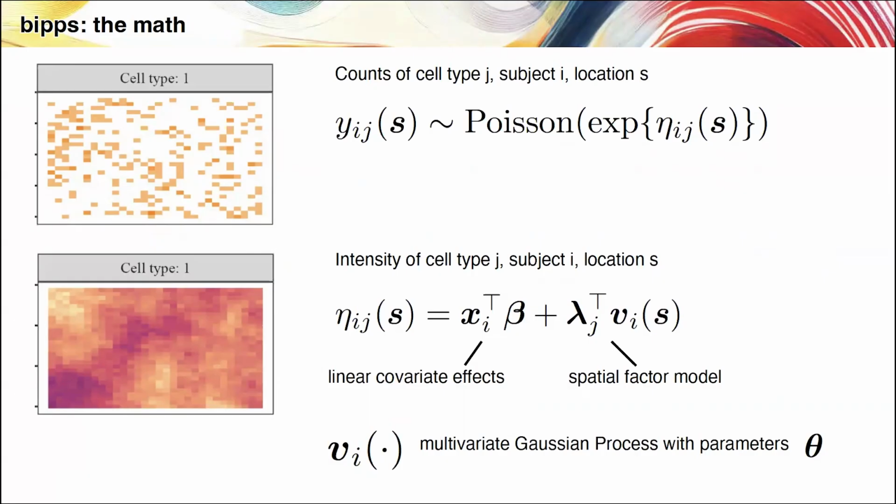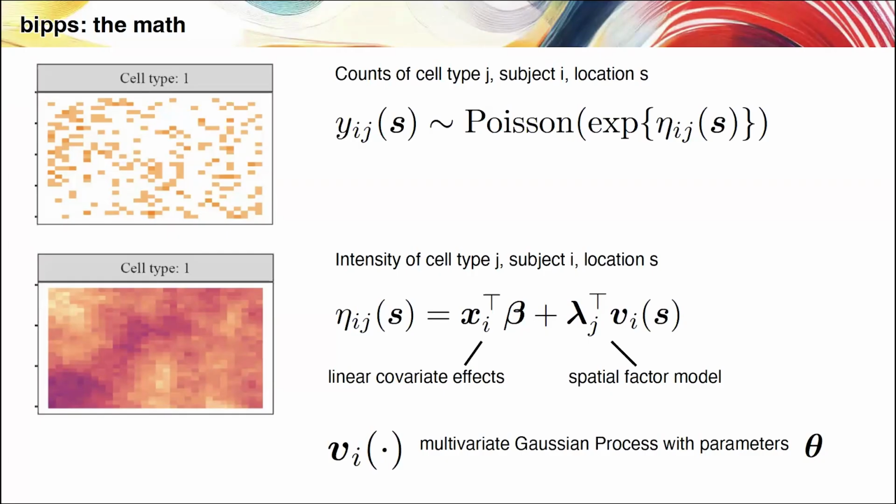This is modeled as a Poisson random variable where the intensity must be positive, so we put the exponential. The log intensity, technically, is eta_ij, which varies in space, where every subject gets its own. So subject i and cell type 1 gets this intensity map, where at every pixel we model this as changing depending on covariates, and then the spatial factor model that gives us the spatial dependence.